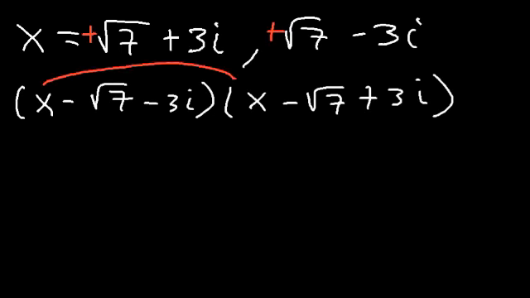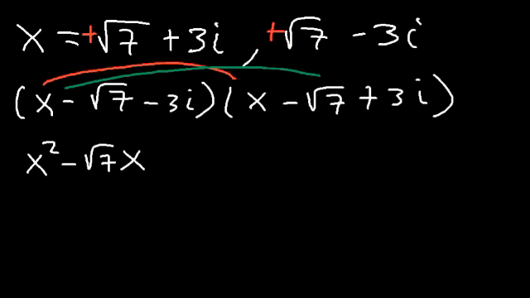X times x is x squared. X times negative root 7, that's negative root 7x, and plus 3xi.